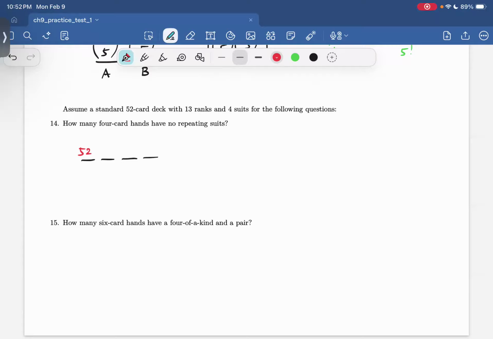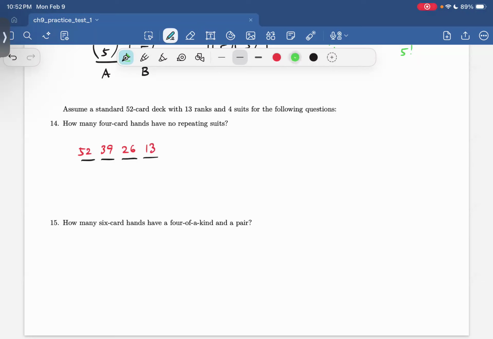So that means we have 3 suits left to choose from, and each suit has 13 ranks. That means we have 39 choices. And then for the third, we're going to have 26 choices. And finally, for the fourth one, we'll have 13 choices.